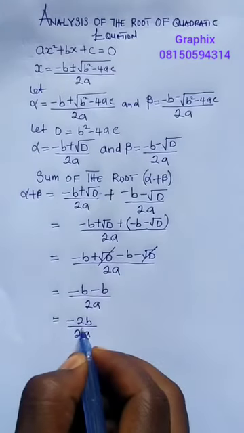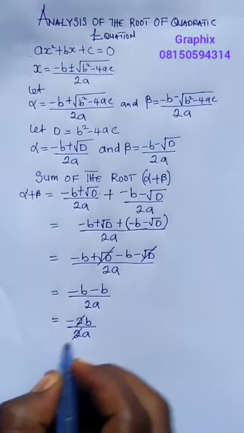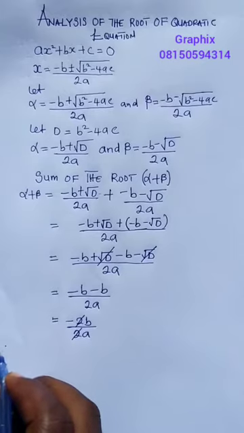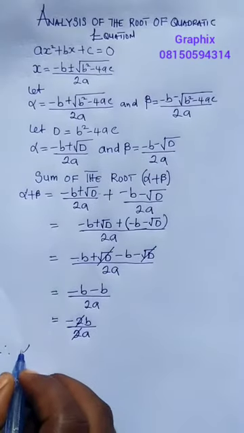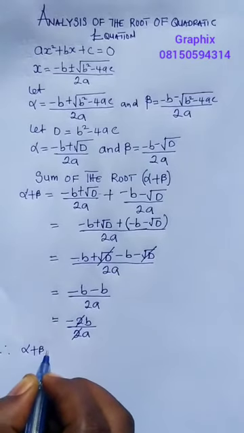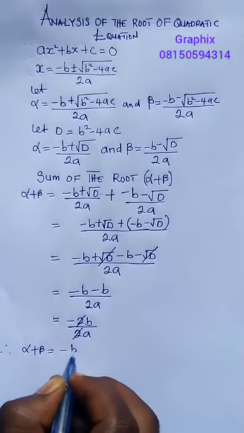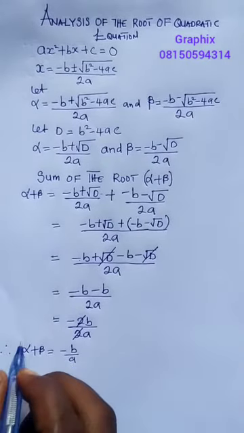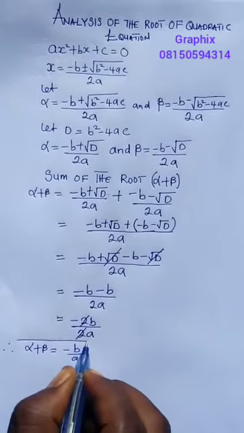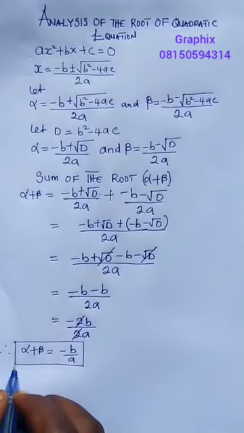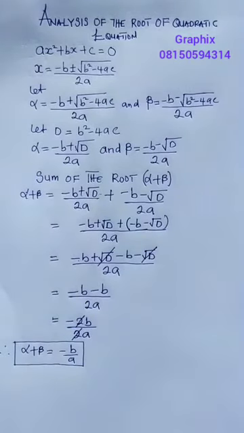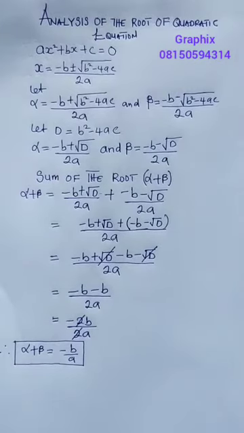Now 2 will cancel 2, so therefore my alpha plus beta will give us minus b all over a. So this is a very important relationship.